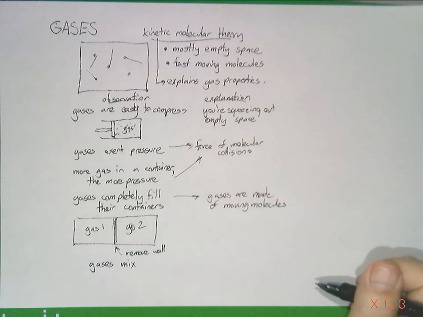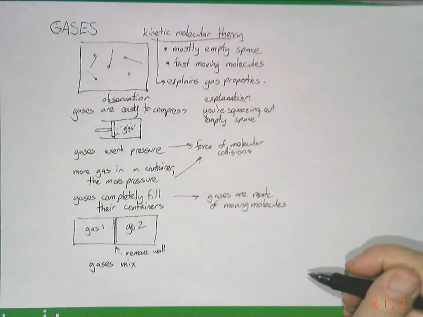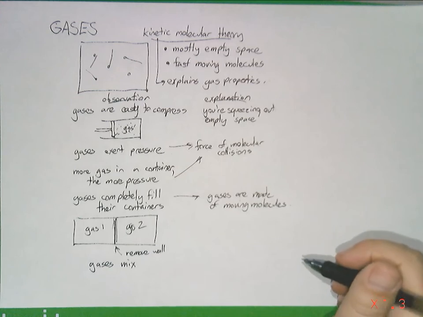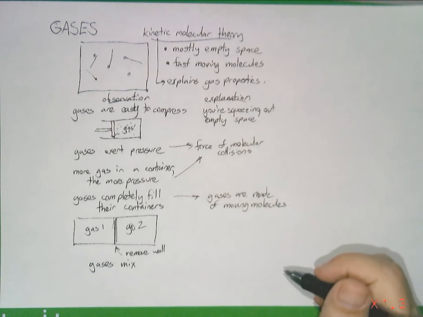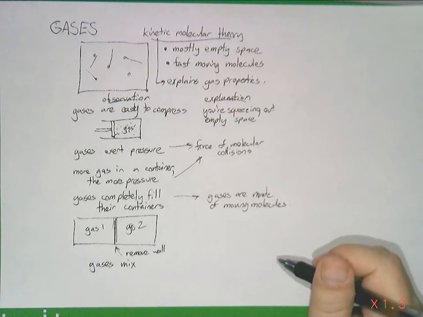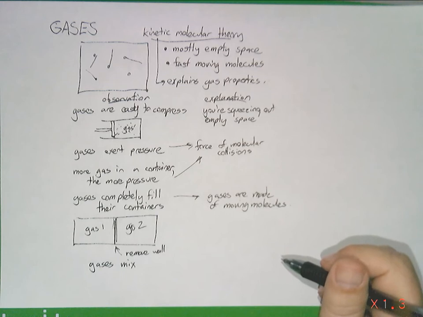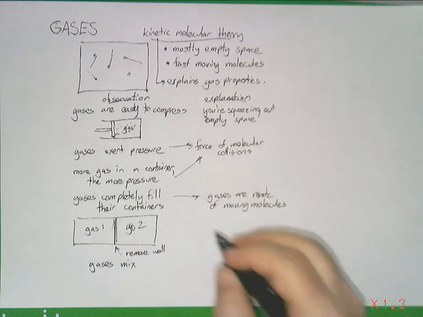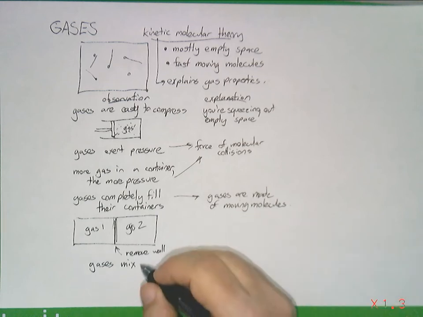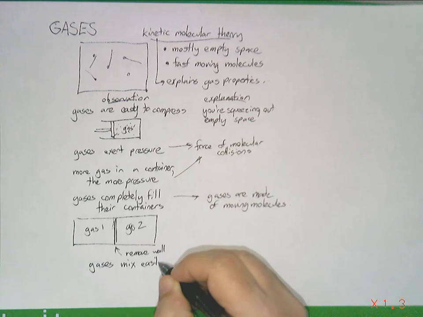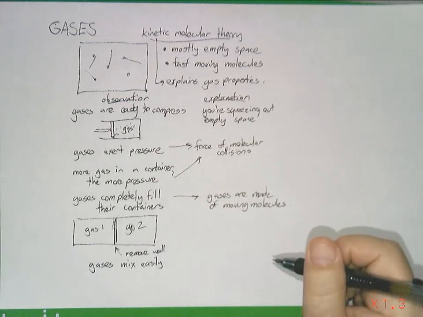So the air is made out of oxygen and nitrogen. And the oxygen and nitrogen is mixed homogeneously. The concentration of oxygen is pretty much the same everywhere in air. So gases mix easily, and they mix fairly quickly.